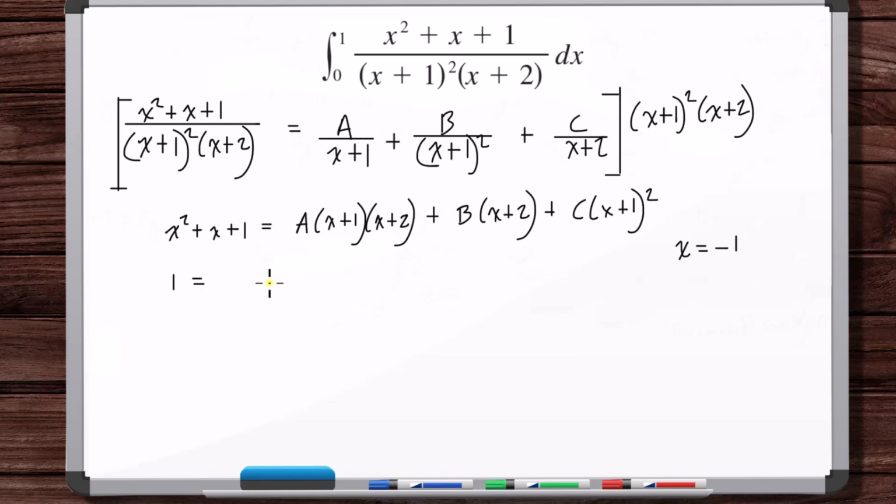Okay, so b times minus 1 plus 2, so b is equal to 1. Okay, when x is equal to minus 2, you've got 4 minus 2 plus 1 minus 1 is 3. Okay, then minus 2 plus 1 is minus 1 squared. So c is equal to 3.